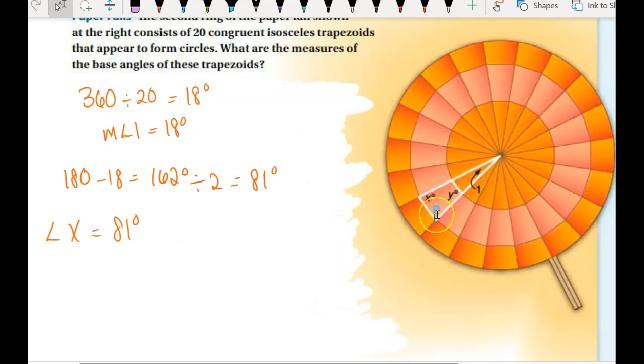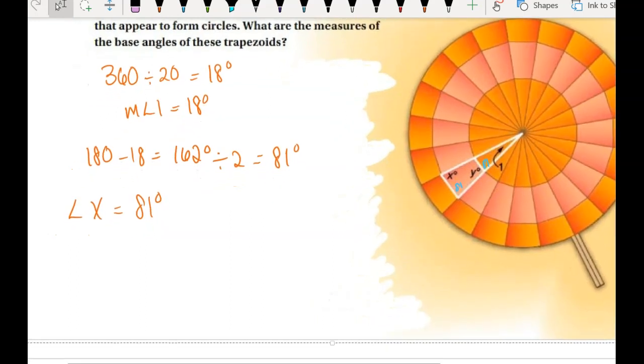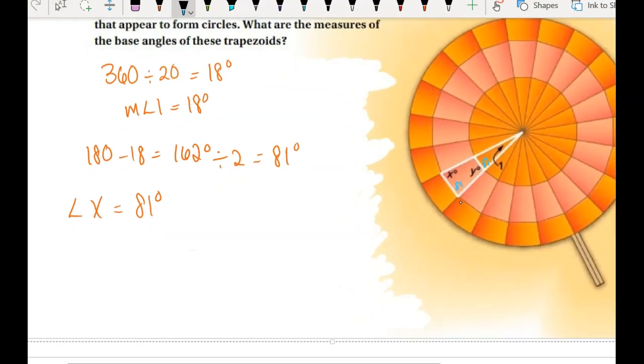Or I can use corresponding angles. This angle is congruent to this angle, so this is 81. And then I could use a linear pair. So either way will work.